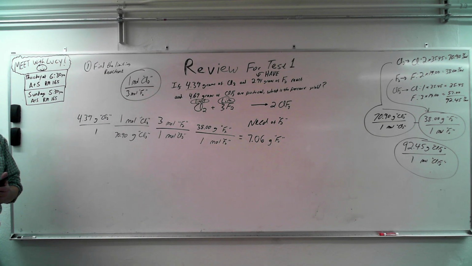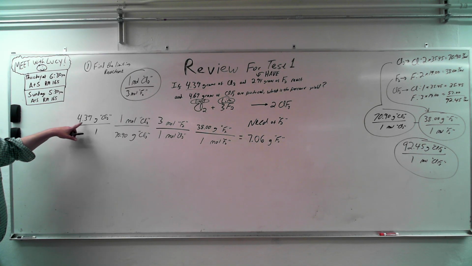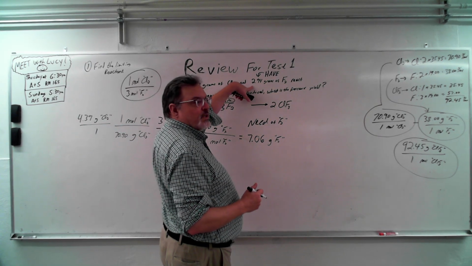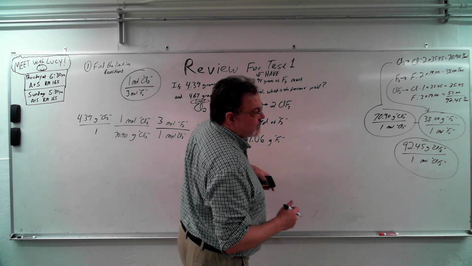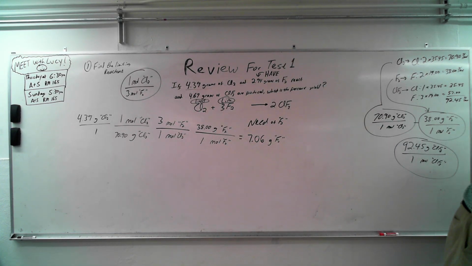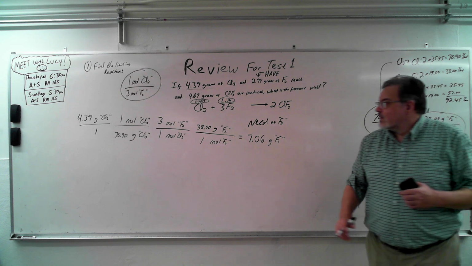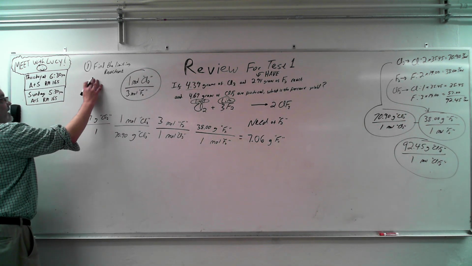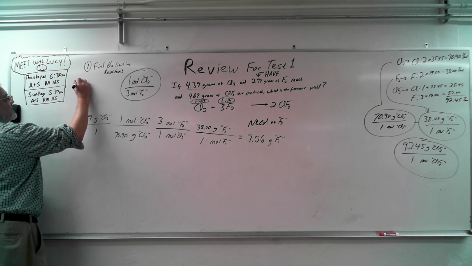So that's what I mean by pick one. What is the number for how much F2 you start with? Like the actual, yeah, 2.94. Yeah, 2.94. Okay, so we've done step 1. Step 2.